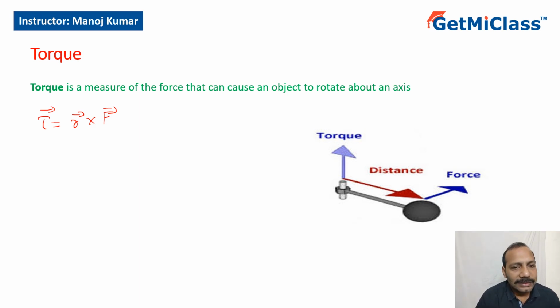Now for any cross product, the general rule of finding the direction of the cross product is the right hand thumb rule. So stretch your fingers of the right hand, and turn them from the first vector to the second vector.